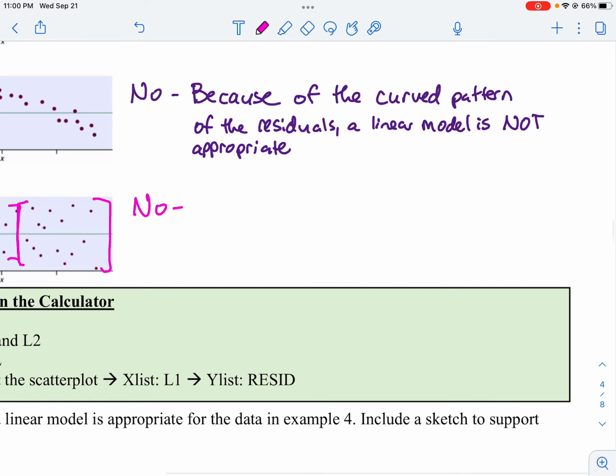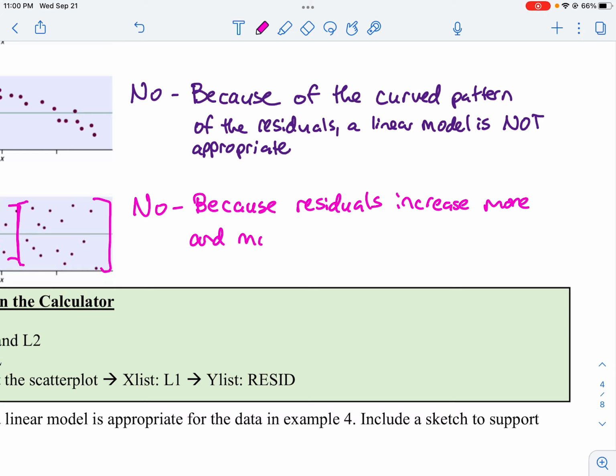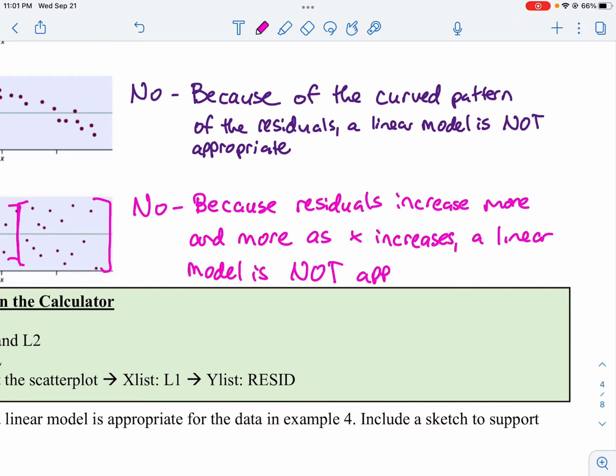So, no. Because residuals increase more and more as x increases, a linear model is not appropriate.